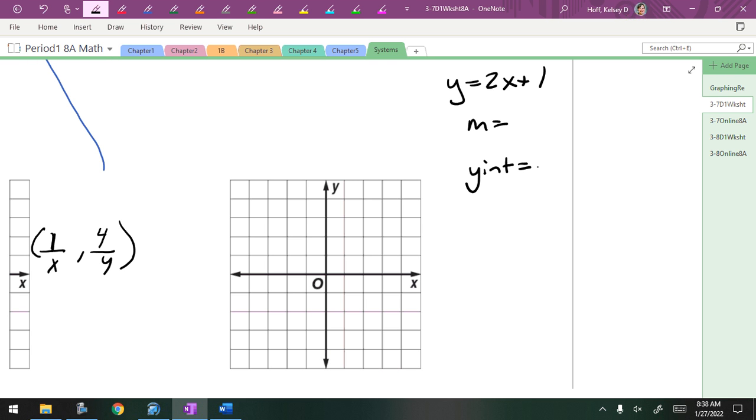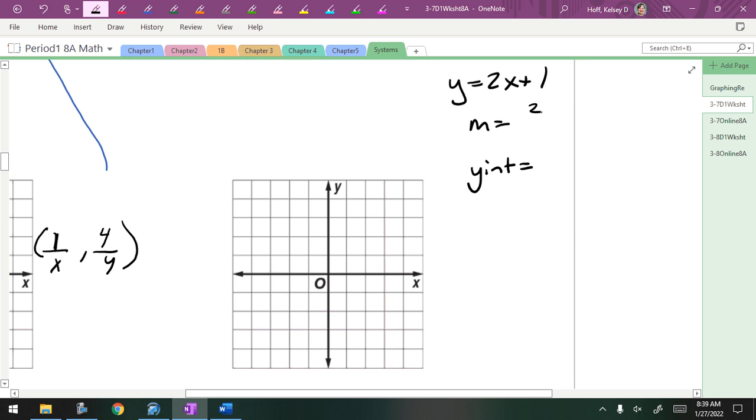What's your slope and what's your y-intercept? Tegan, what's your slope on this one? Very good. 2 technically over 1, right? Always write it as a fraction. And Sam, what's your y-intercept on this one? 1.